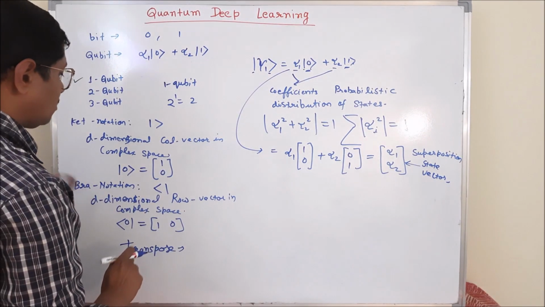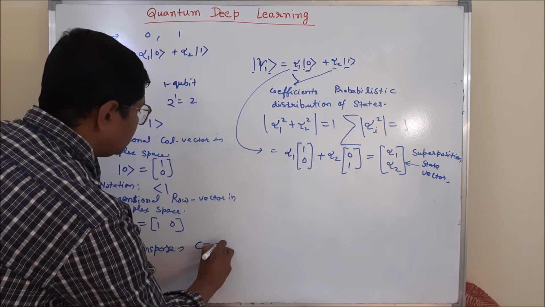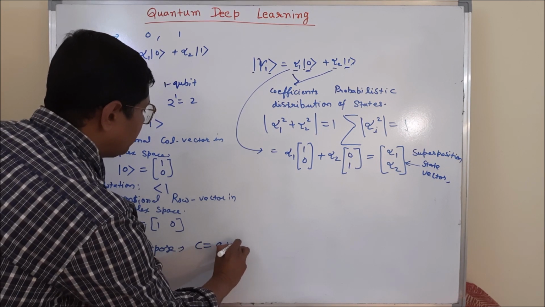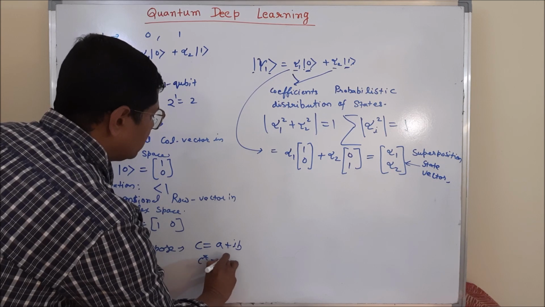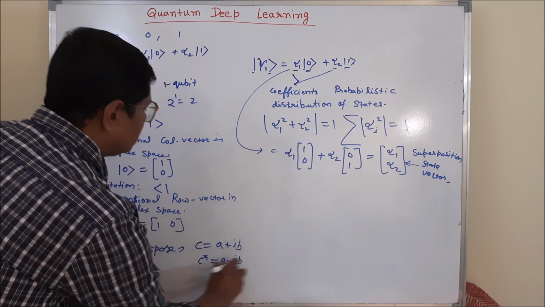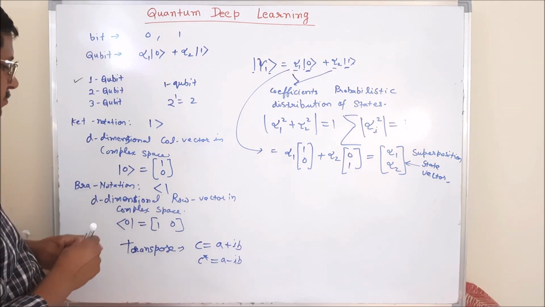So what is known as complex conjugate? Suppose we represent C as a complex number a plus iota b, then its complex conjugate will be equal to a minus iota b. So those two operations you have to do on the data.